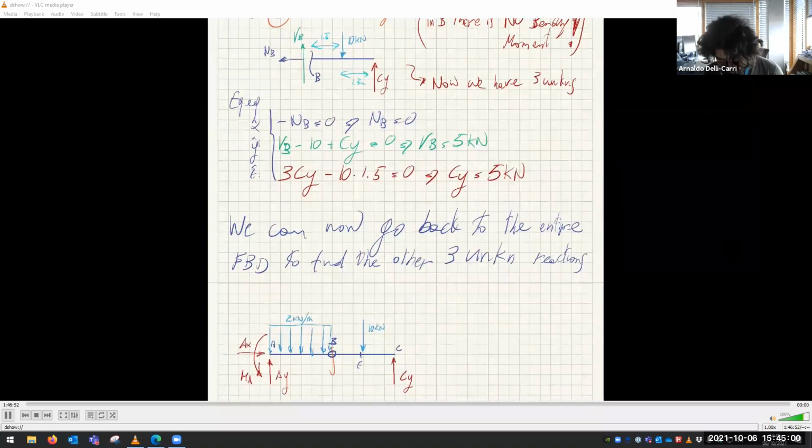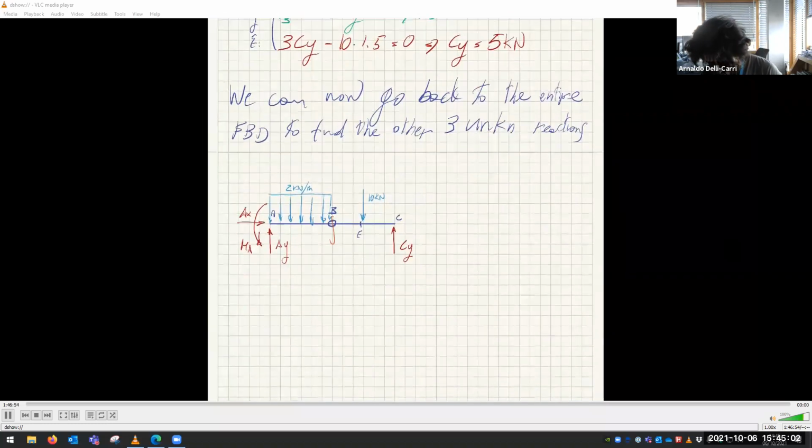So this one, CY, we said is 5. So this one, I'm going to say this is 5. Now we have 3 unknowns. And now we solve it.